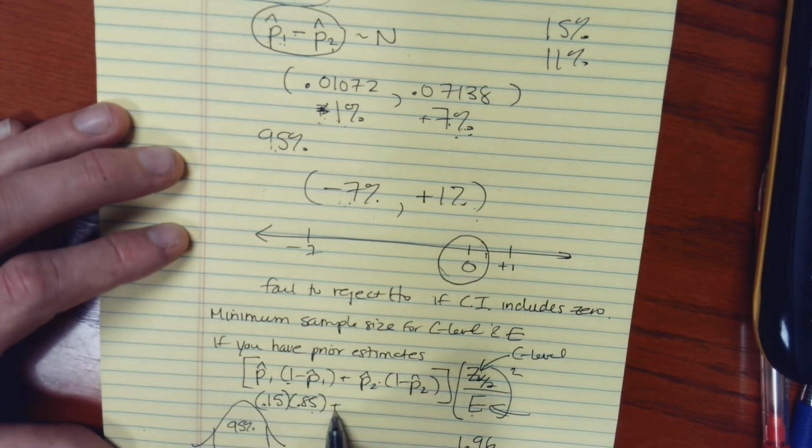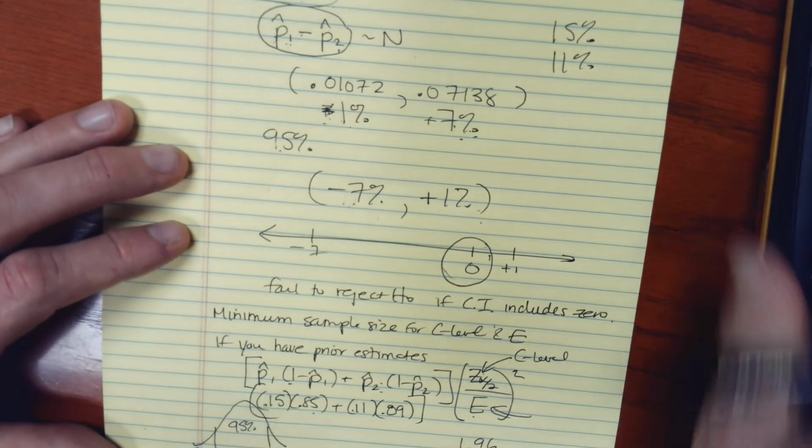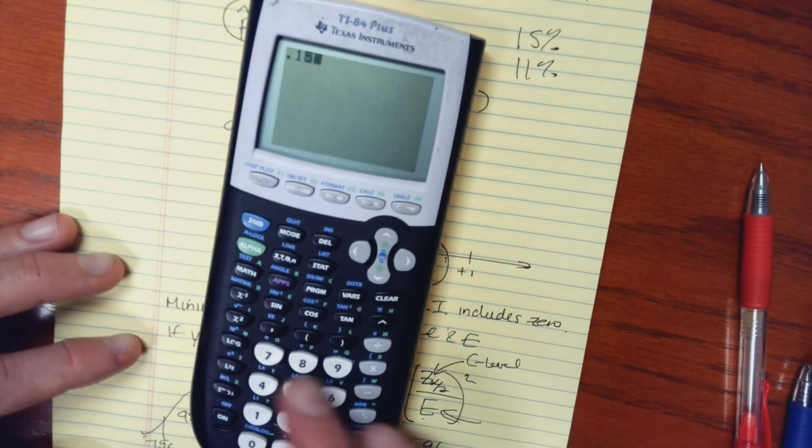Multiply those together. Take the second value, which is 0.11, and its complement, which is 0.89, and multiply those together. So 0.15 times 0.85 plus 0.11 times 0.89.